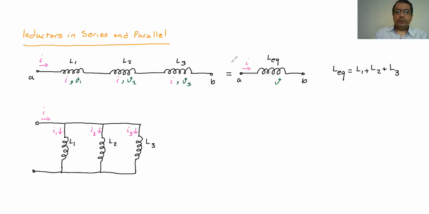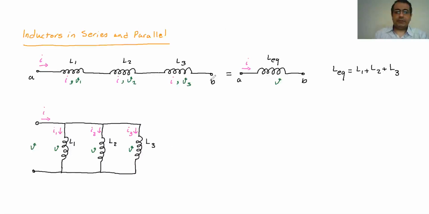And if the voltage between A and B is V, then it's going to be V here, V here, and V here. So in series, the current was the same in all the three inductances, or as many as we have. Here, the voltage is going to be the same in each.